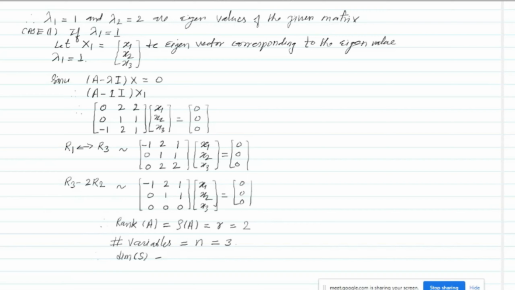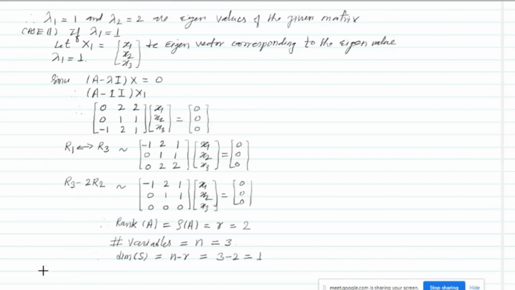The formula is n minus r, and we have n is 3, r is 2, so this is equal to 1. So 3 minus 2 is 1. So the dimension of solution space is 1. It means there is only one linearly independent eigenvector corresponding to eigenvalue lambda 1 equal to 1.